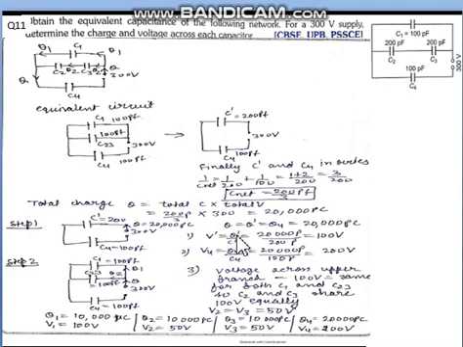Voltage formula is Q by C. So voltage of this will be Q dash by C dash. We know the value of Q dash, the charge, and C dash, the capacitance, so 100 volt is the answer. In the same manner we can calculate V4 also, that will be Q4 upon C4, 20,000 picocoulomb upon 100 picofarad. This way the answer of V4 is obtained as 200 volt. That means for this part of the circuit we have calculated the charge and voltage till now.